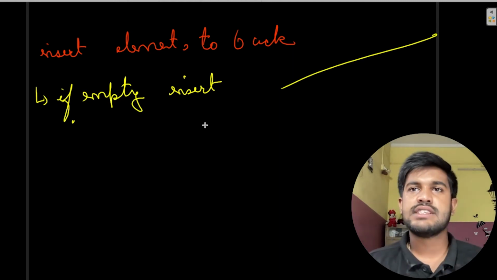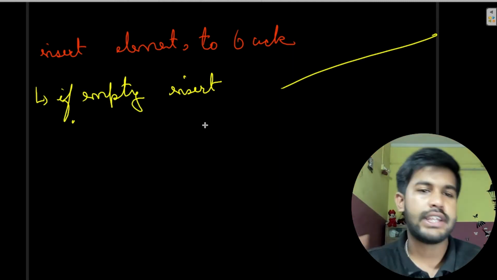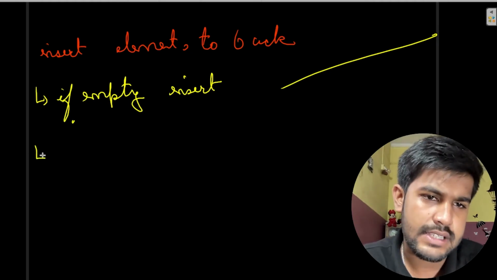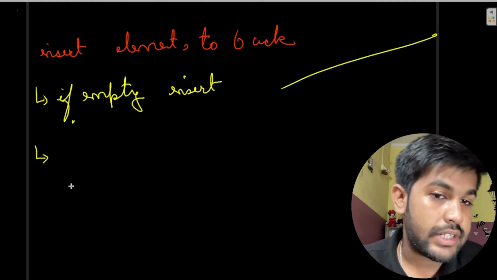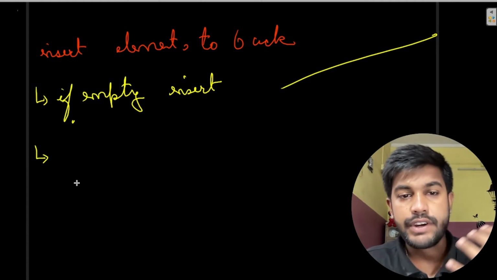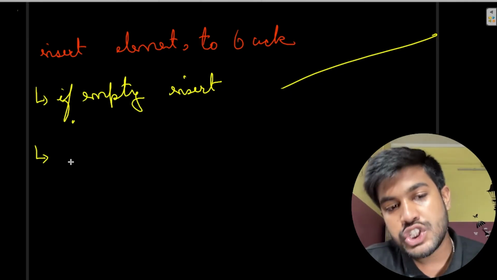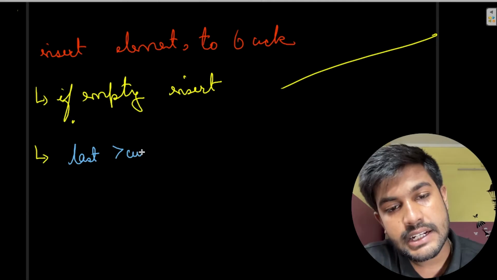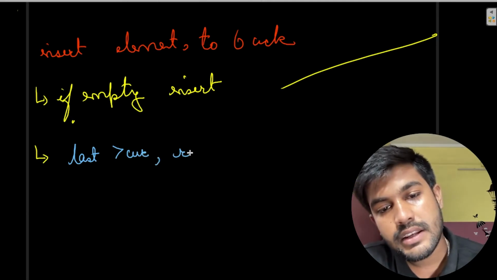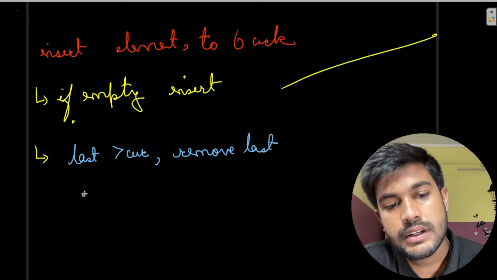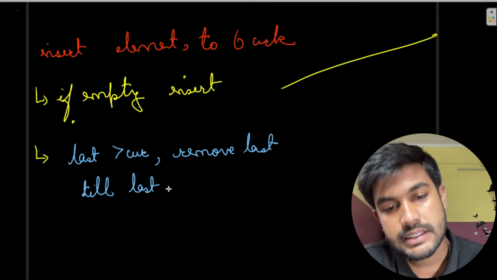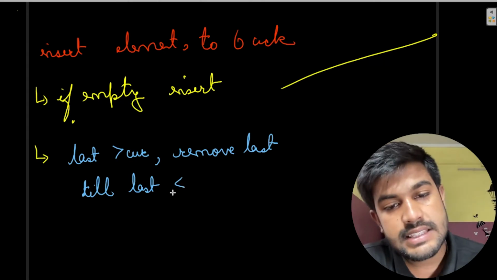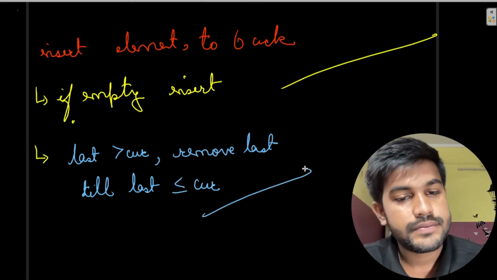So if it is empty, then we would simply insert one character. If it is non-empty, what we would do in this scenario is check if the last is greater than the current, then remove last till last is less than or equal to current.